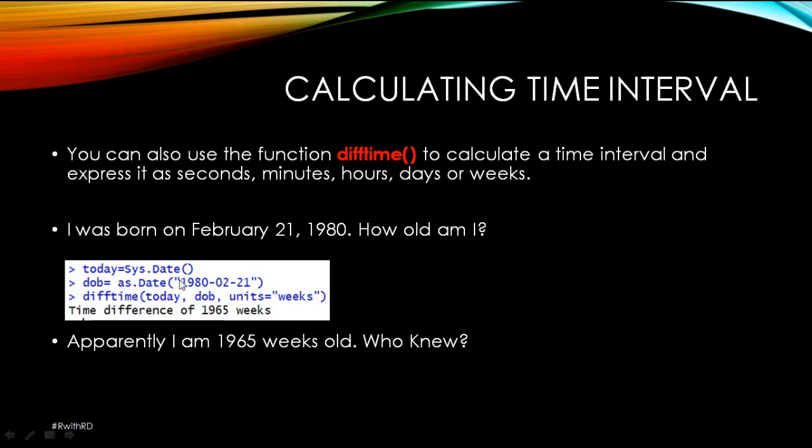Let us say today is Sys.Date, and my date of birth as as.Date, and then difftime of today, date of birth, and I want it in the units of weeks. Then the time difference is 1965 weeks. So apparently I am 1965 weeks old. Who knew? Not even me.